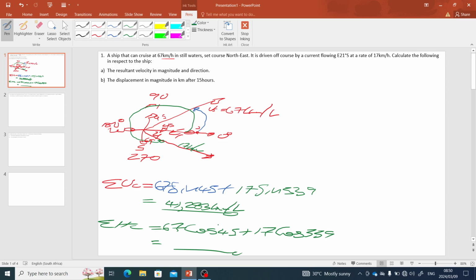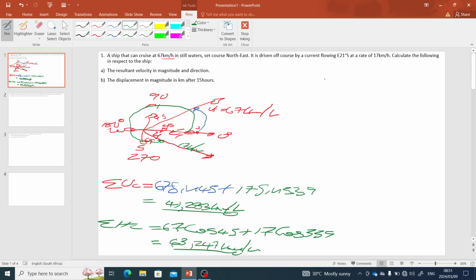Then I get my cos as a positive one as well, 63,247 kilometers per hour. Right. Now that's what we calculated. The coefficients of your components are positive. That indicates to you that your resultant is in the first quad.